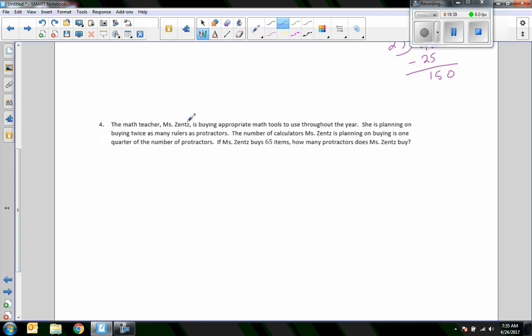The math teacher, Miss Zenz, is buying appropriate math tools to use throughout the year. She's planning on buying twice as many rulers as protractors, so I go rulers, protractors, calculators, and total.